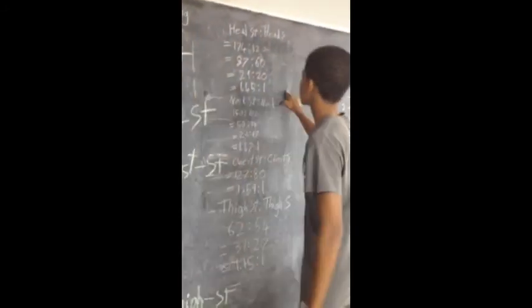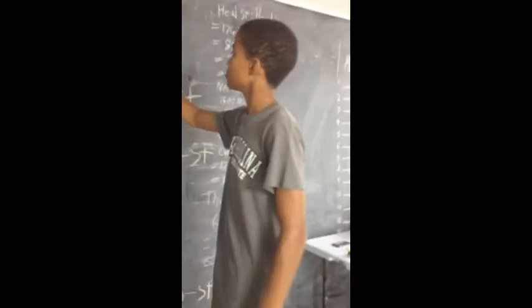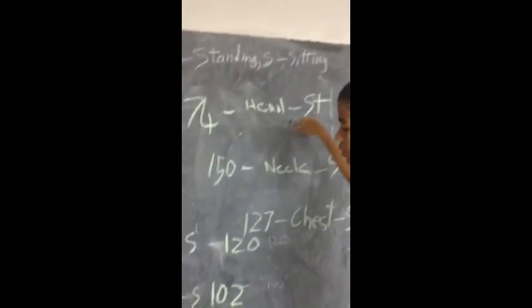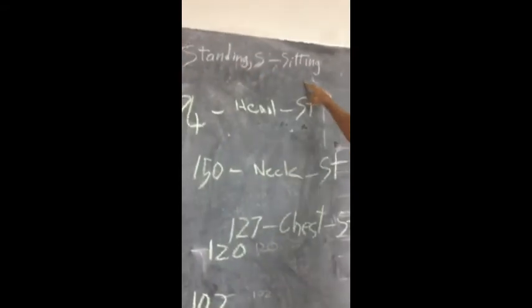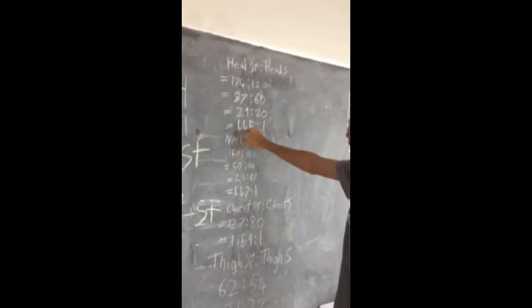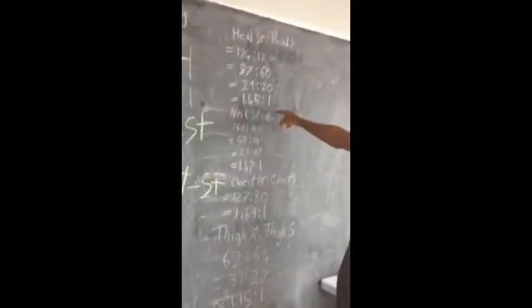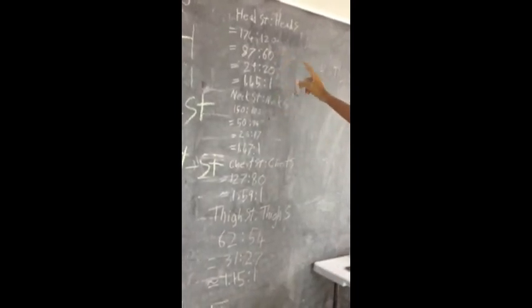I basically worked out the changes in height from the one position on the body when it was standing to that same position when the subject was sitting. So as you can see, ST is for standing and S is for sitting. So here we have head standing to head sitting. When we work it out, we get 1.45 to 1, because when you sit, the distance between your head and neck doesn't really change.